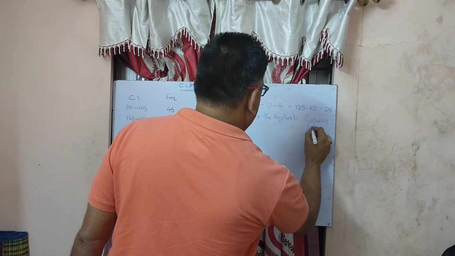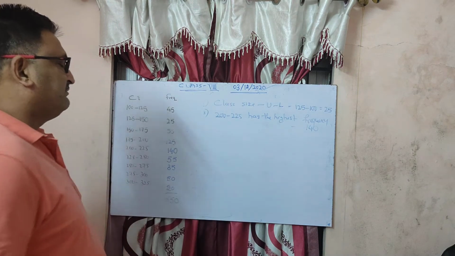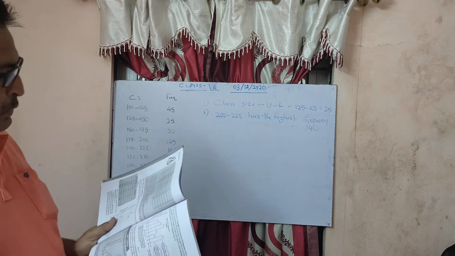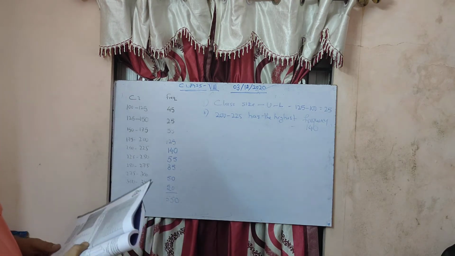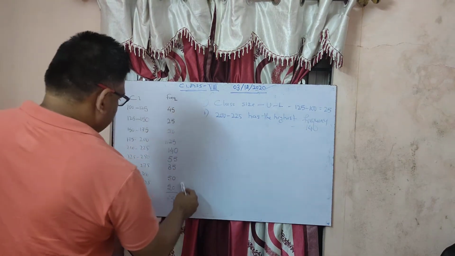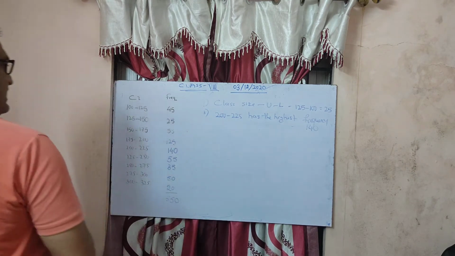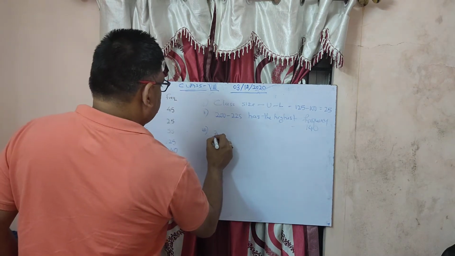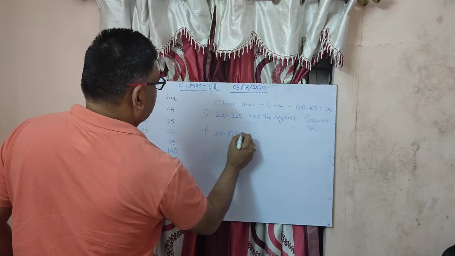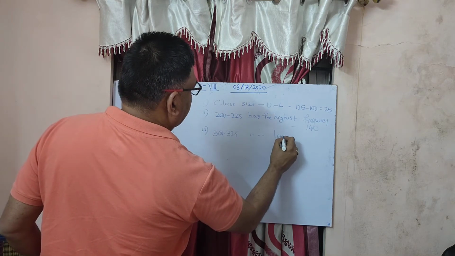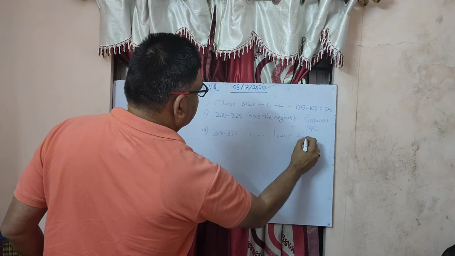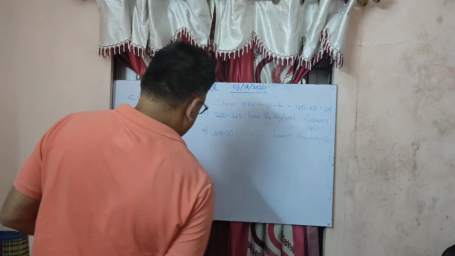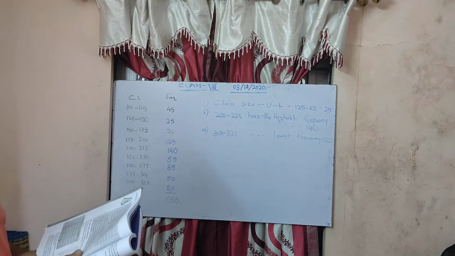That is 140. Now what is the third question? Which class has the lowest frequency? 300 to 325 has the lowest frequency. That is 20.